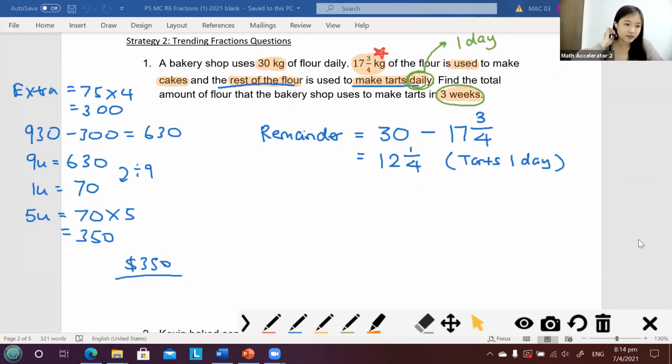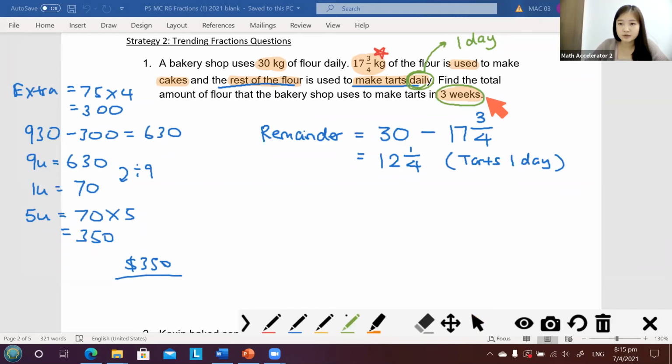Okay, yes, I see some answers ready. Correct. Find out how many days in 3 weeks. Yes, a lot of you got 21, right? So how do you get 21? 7 times 3, yes. Good.